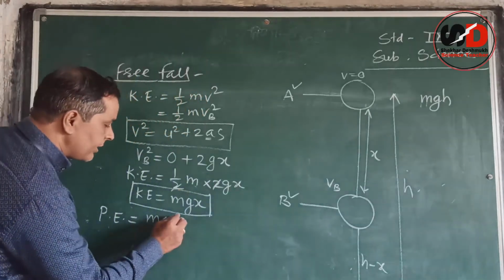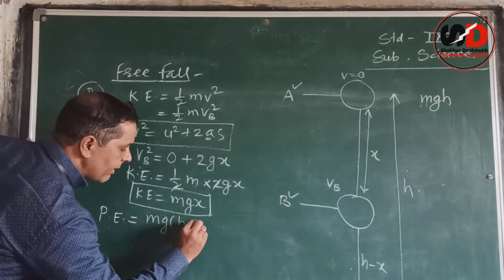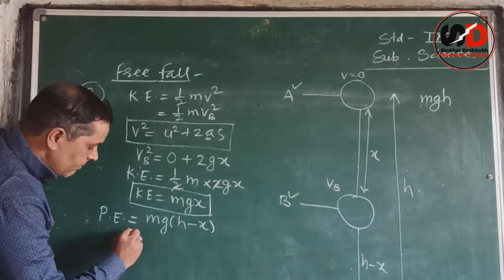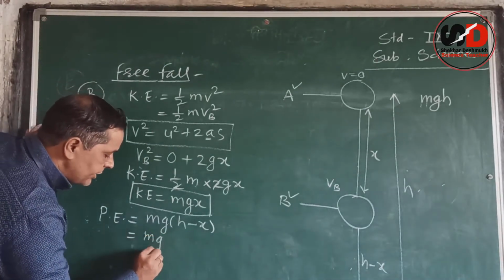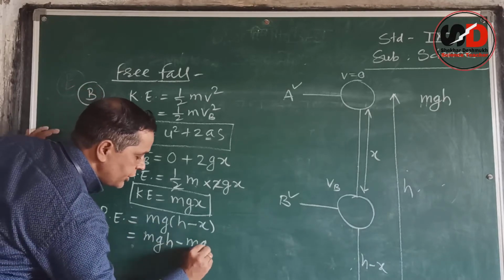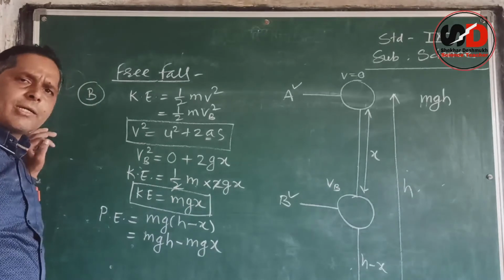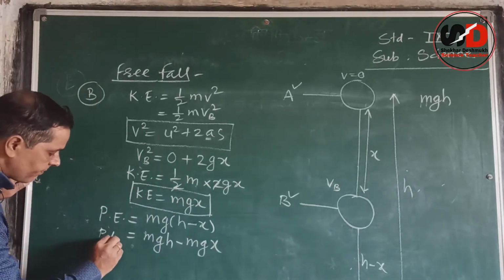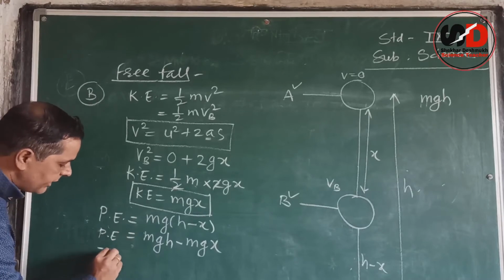So put the value here, h minus x, and multiply: mgh minus mgx. This is the potential energy.